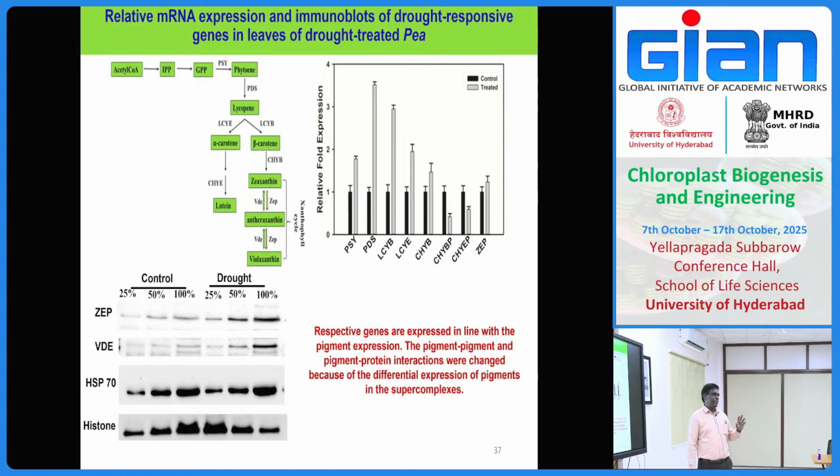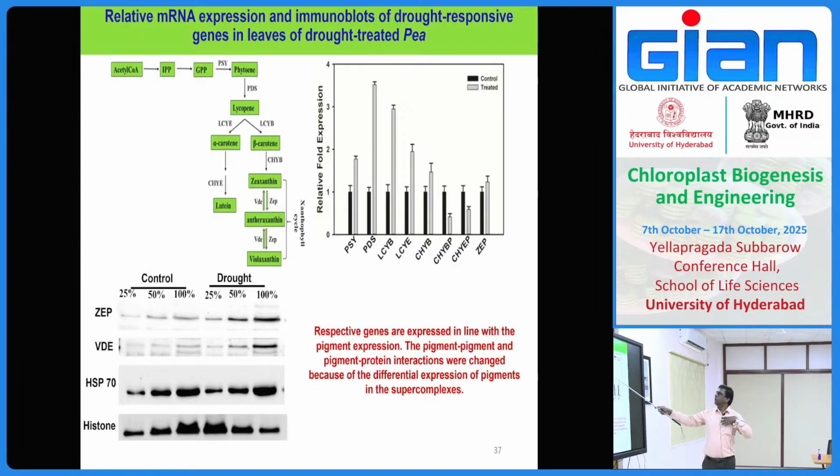We can say that this is a marker for identification of non-photochemical quenching, and also of the increase in carotenoid biosynthesis during drought conditions.